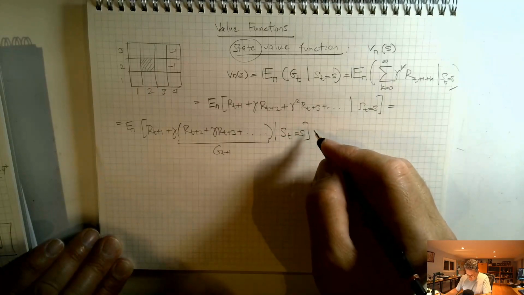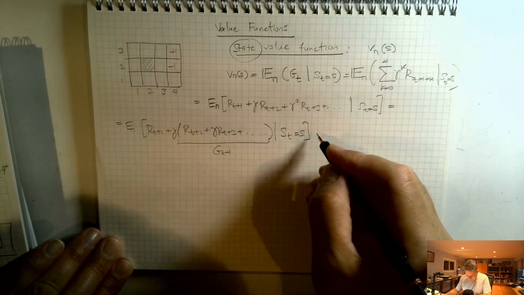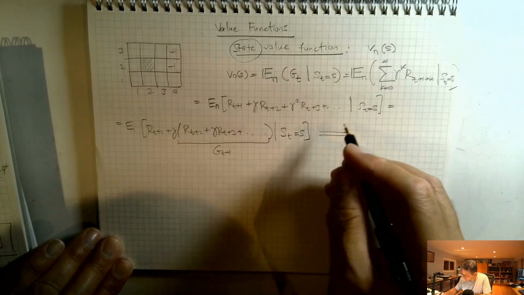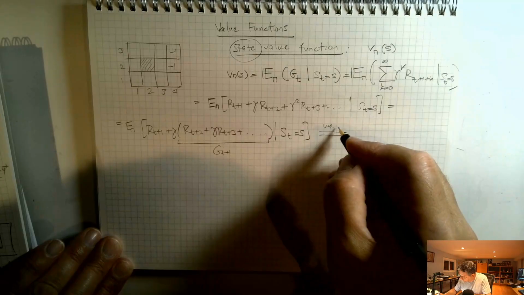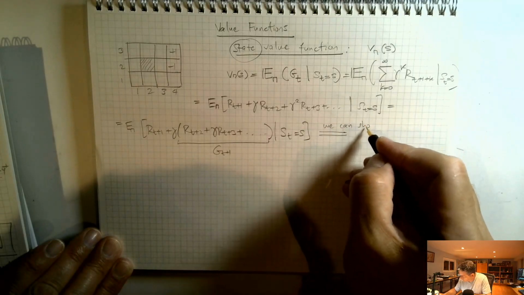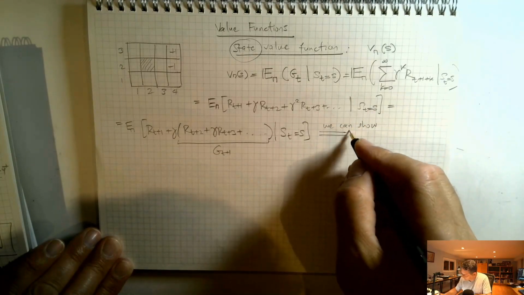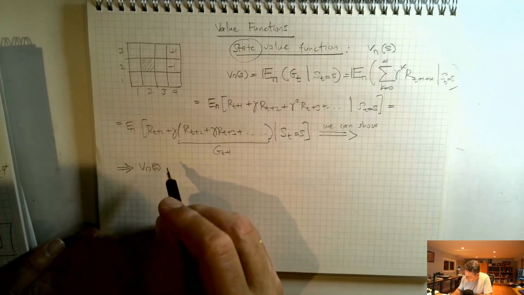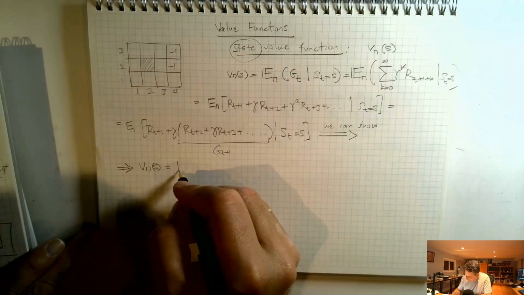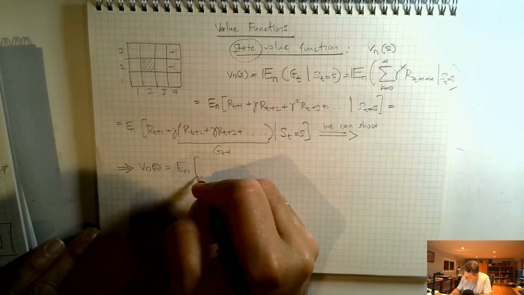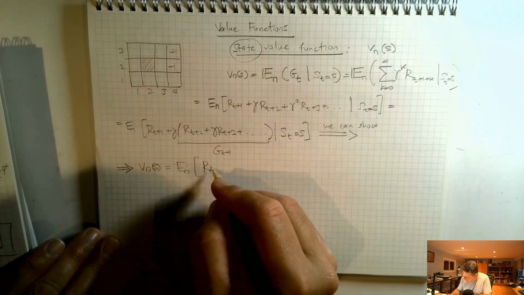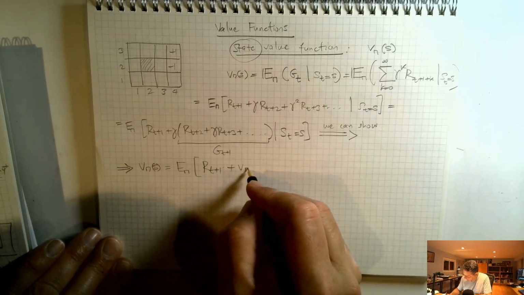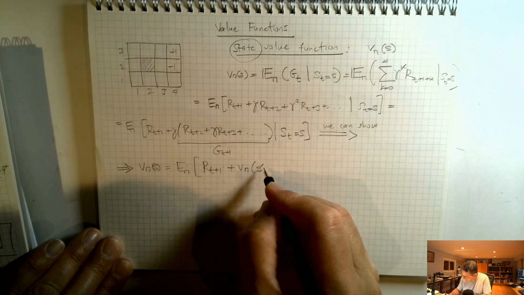Although the derivation will not be shown, we can show nevertheless that v pi of s is the expectation over pi of the instantaneous reward r t plus 1 plus v pi of s prime.